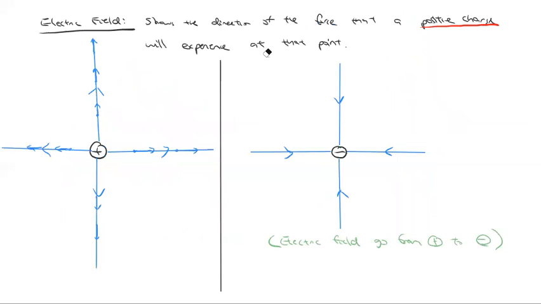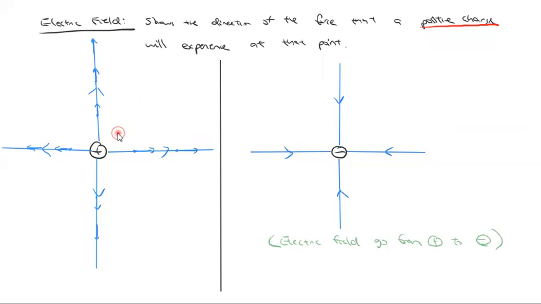Looking at the field lines, the next thing I want to ask you is, if you're a positive charge and you're close to the positive charge, do you get the same force as when you're far away? No, you don't. So when you're closer, you get a stronger or weaker force?